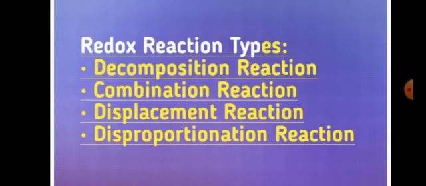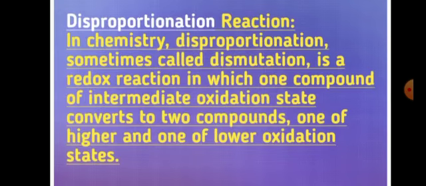So a redox reaction has 4 types, that is your decomposition, combination, displacement and disproportionation reaction. So in this series we are going to learn about your disproportionation reaction, which is a type of your redox reaction.